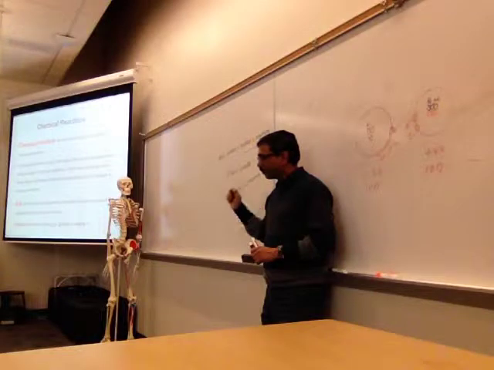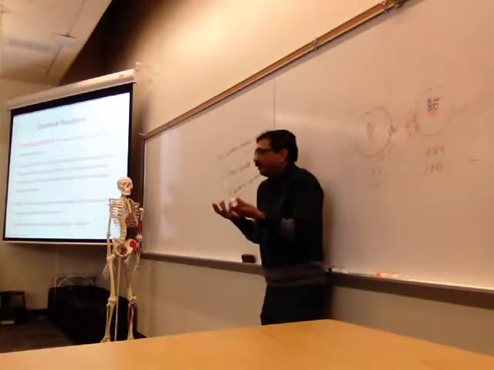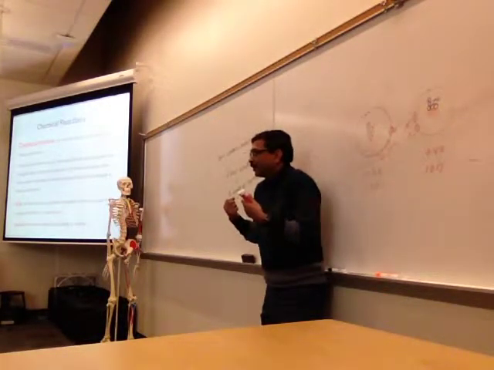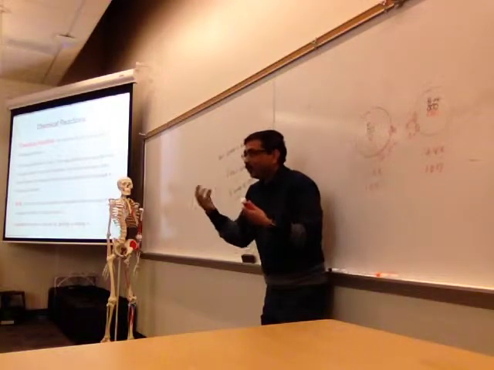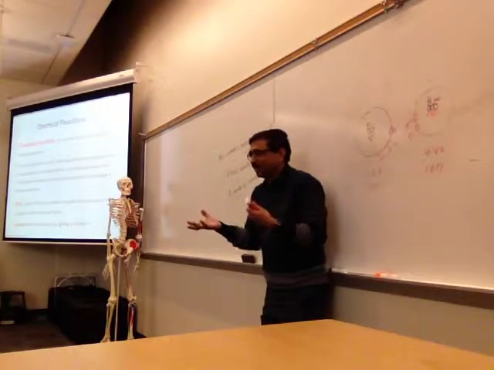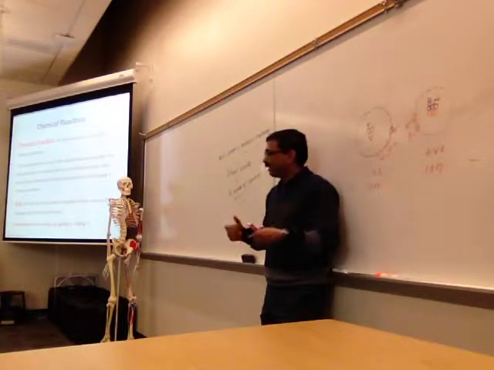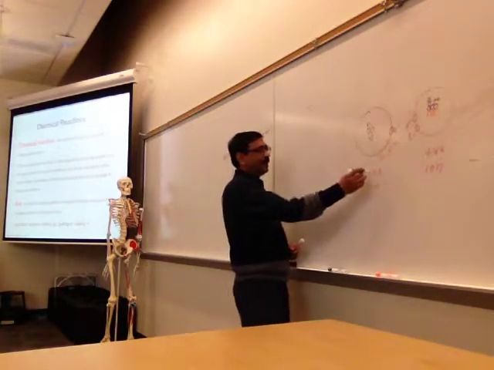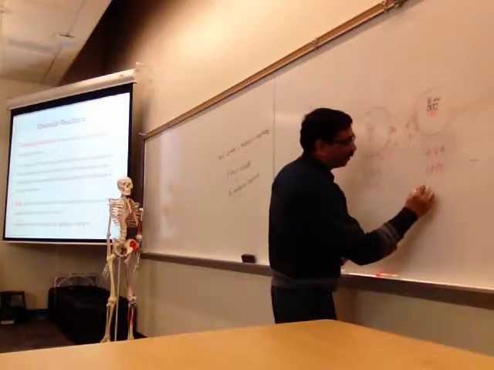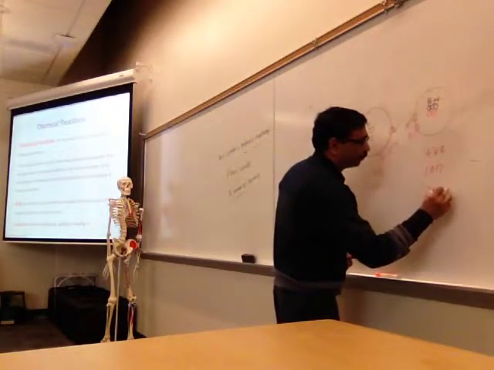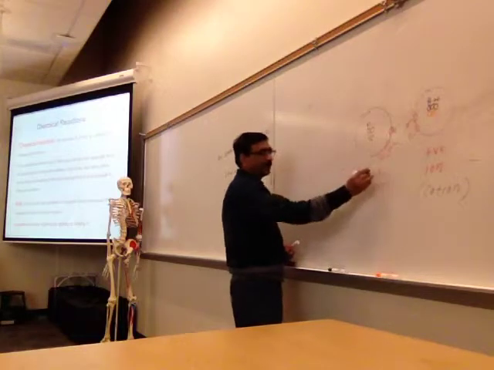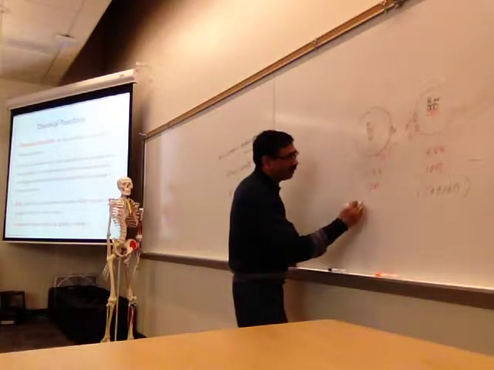If you lose an electron, you will become what? Positive or negative? You lose, positive. If you gain an electron, negative. It will become a negatively charged ion. Positive ions are called cations, and negatively charged ions are called anions.